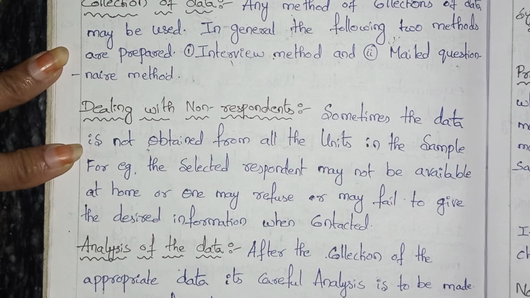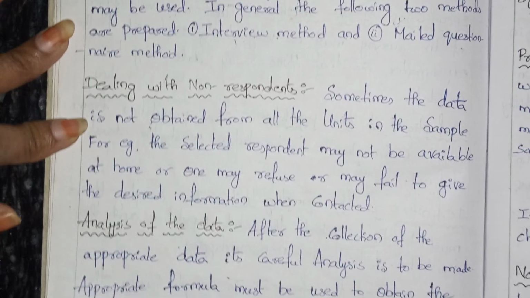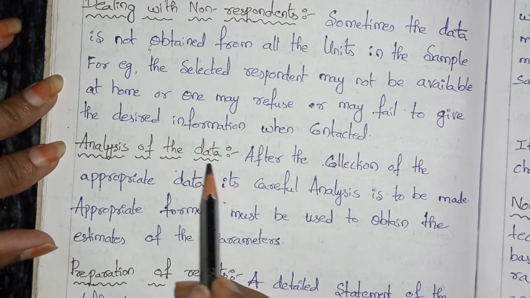So dealing with non-respondents means, when we go to a home, the home may be locked, or the person may not show any interest to provide the information. Issues like that we may get when we are doing the survey. That is called dealing with non-respondents.